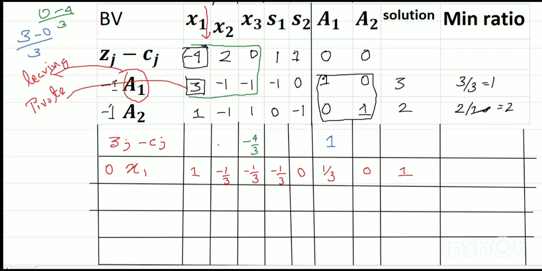Another is this way. If I multiply, I have to change this. So this is the 2, so 3 into 2 is 6. 6 minus 4 divided by 3, so this value is 2 by 3.